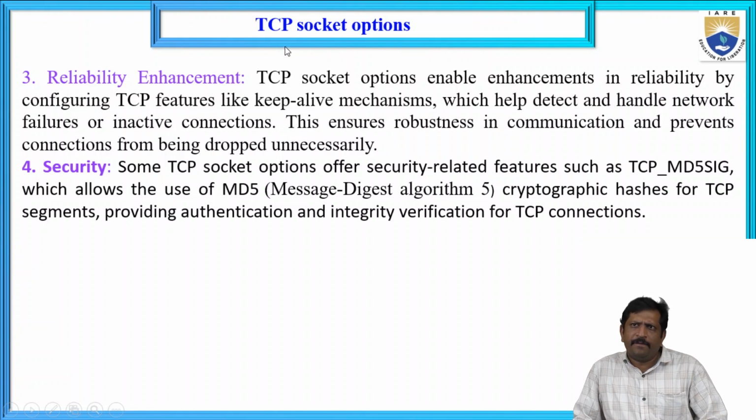Reliability enhancement: TCP socket options enable enhancement of reliability by configuring TCP features like the keep alive mechanism, which helps detect and handle network failures or inactive connections. This ensures robustness in communication and prevents connections from being dropped unnecessarily.